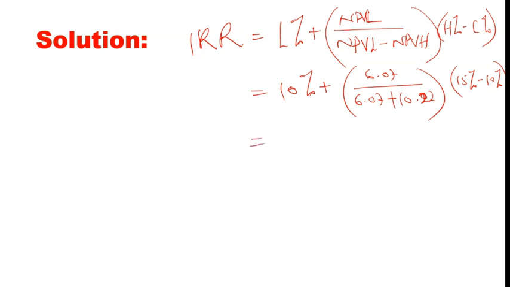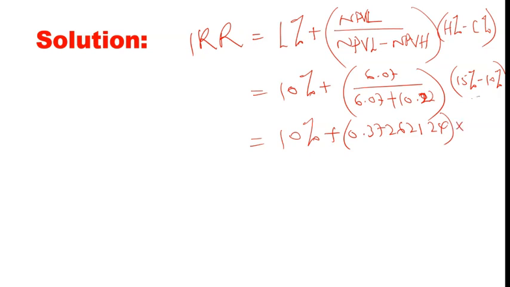So this one gives 10% plus, if we use our calculators, 6.07 over 6.07 plus 10.22, that's 0.37262124.